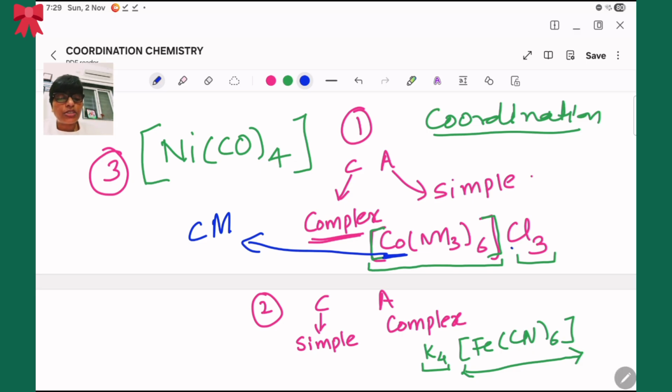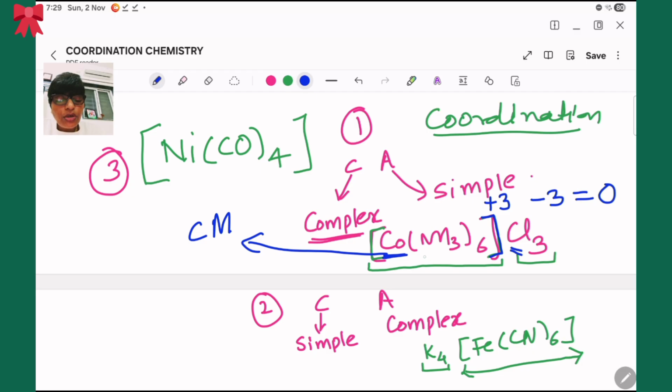So the oxidation state of chlorine is -1. So definitely it is 3 chlorides, so 3 into -1 is -3. And therefore on top of the square bracket, you must write +3, because +3 and -3 should give you a charge of 0 on this coordination compound because it's a neutral compound.